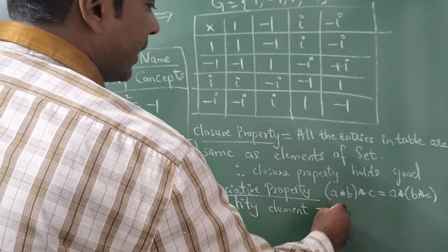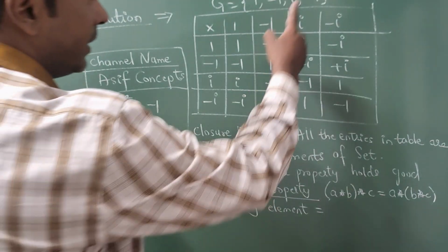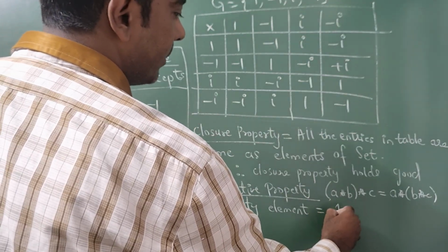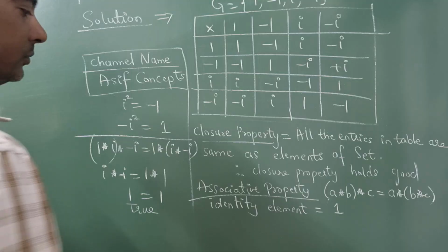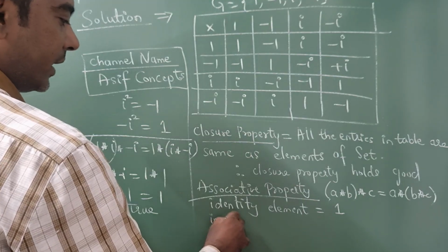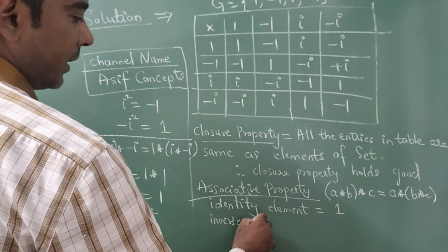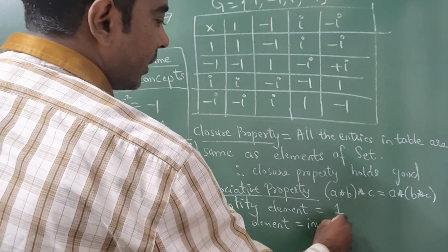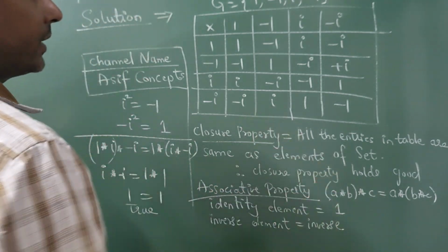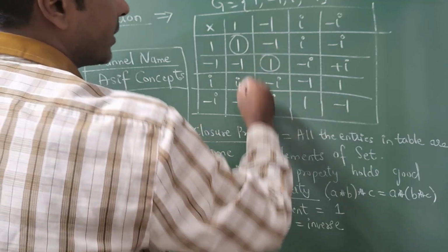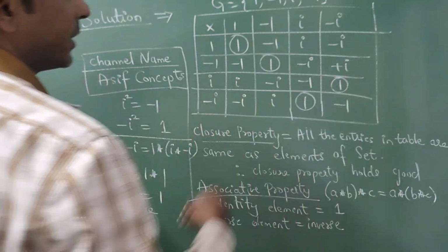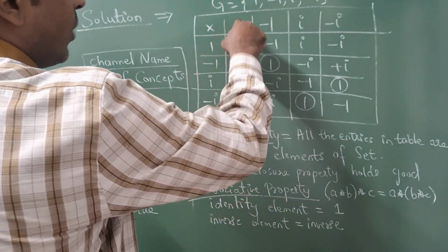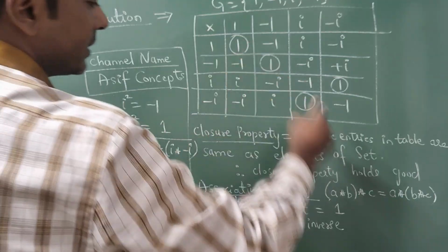Now the identity element exists, and under multiplication the identity element is 1. Now next is inverse element. Inverse depends upon the identity, so let me mark like this here. You will understand much better. So inverse of 1 is 1 because its identity is 1.